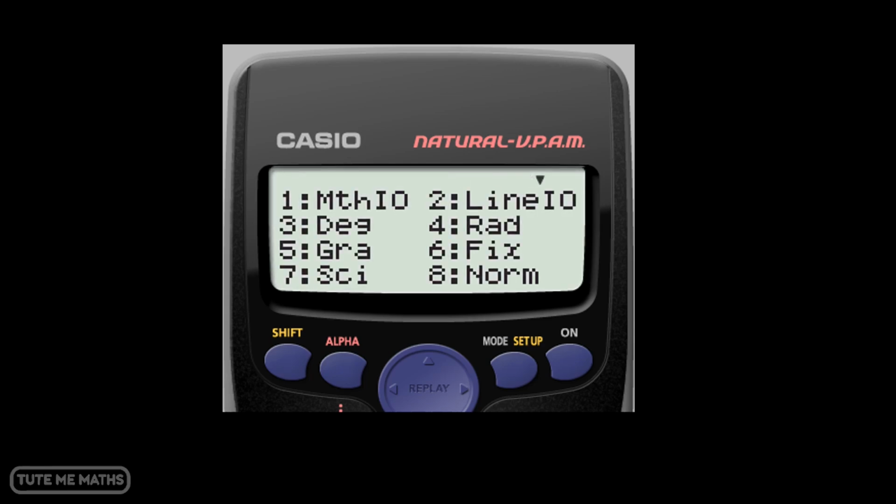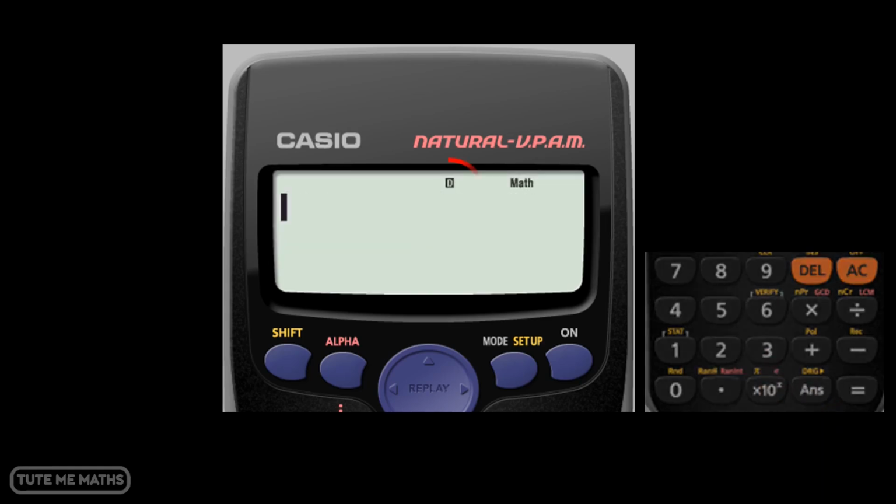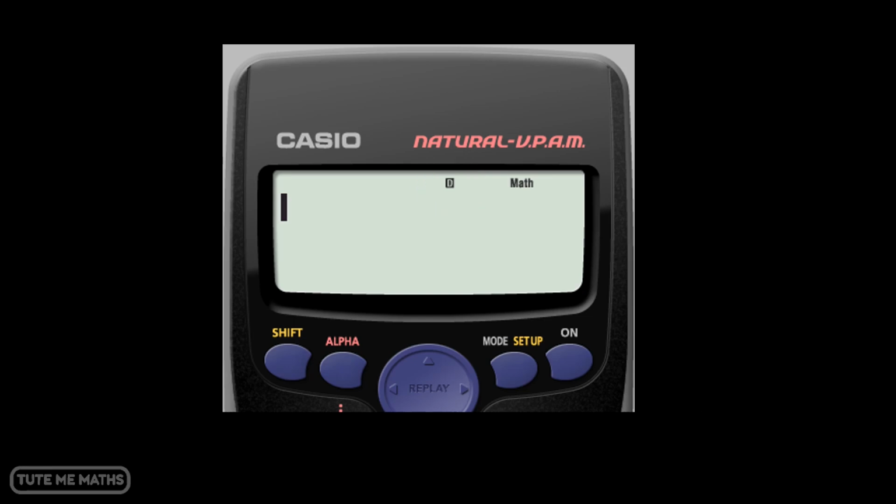Numbers 3, 4 and 5 in this list are the various units for measuring angle size. We simply press number 3 and the calculator will be set to degrees. This is vital, otherwise you won't get the correct ratio values when you type in the angle size in degrees. So always take a moment to check there is a D here before doing any trigonometric calculations, especially in an examination, because all your answers will be wrong if this isn't set correctly.